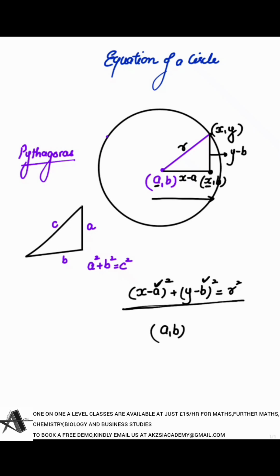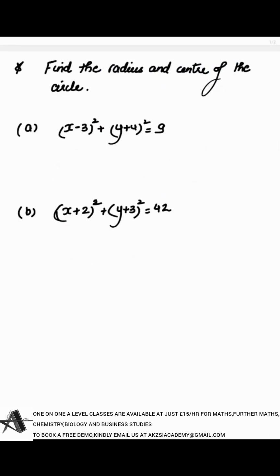Let me do one or two questions to identify the center and the radius of the circle. It says, find the radius and center of the circle. First is (x minus 3) whole squared plus (y plus 4) whole squared equals 9.